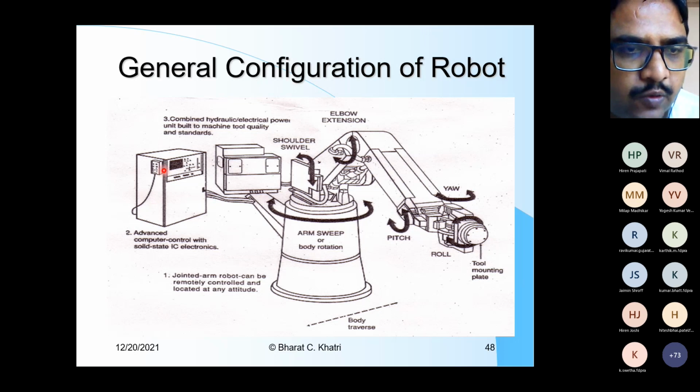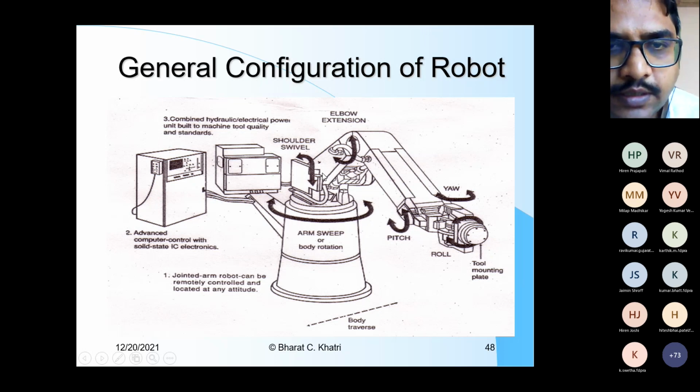Here you can see the computer control, which is some electronics that will give instructions to this robot, switching on and off the motors which are fitted on these joints. The robot is nothing but a mechanical structure with links and joints. To give the motion, either we put the motor on the joint itself, or we use a belt drive or something else to transfer the motion.